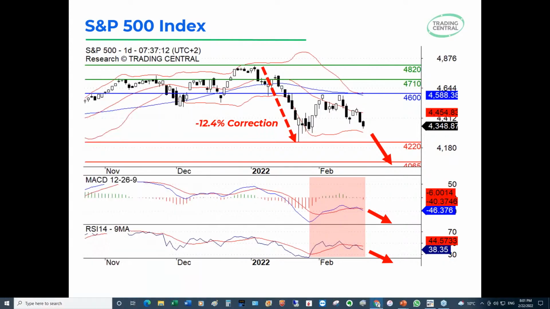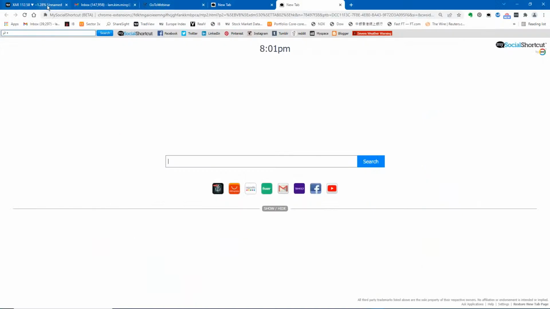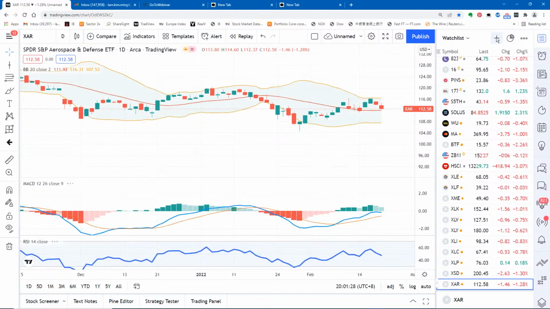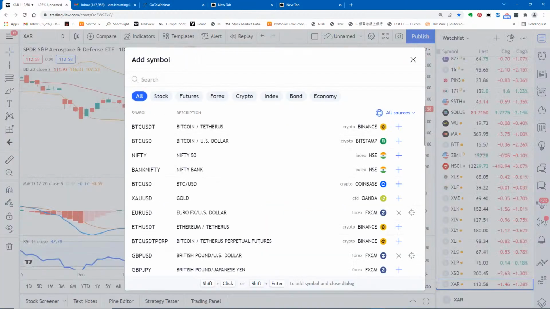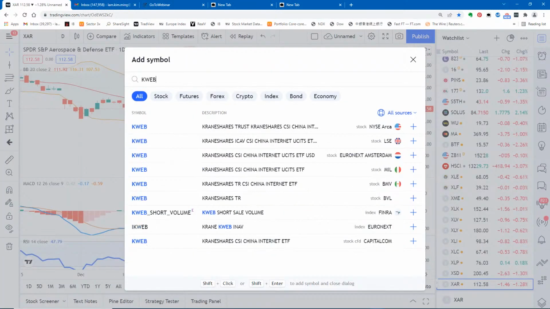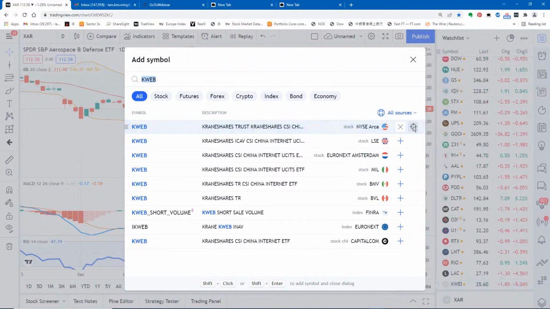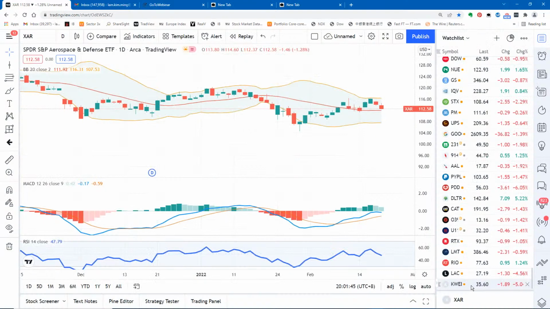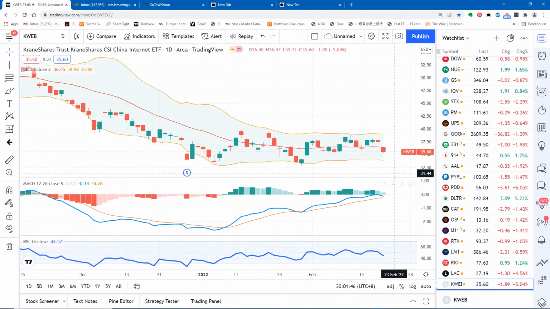I don't think it will be in the MT5. Is it this one? China, right? Oh, yep, okay. China internet. Let's have a look together.